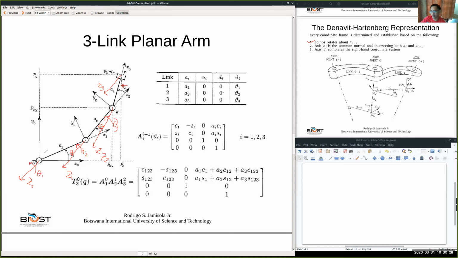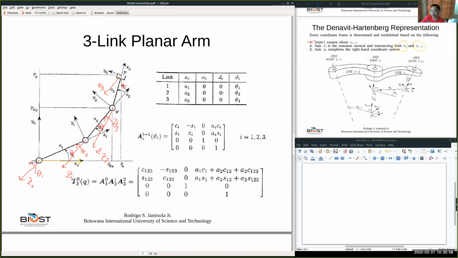In this case, we assign X0 to be in this direction. That is X0. Now we say that X0 is a common normal to both the Z1 and Z0 axes.